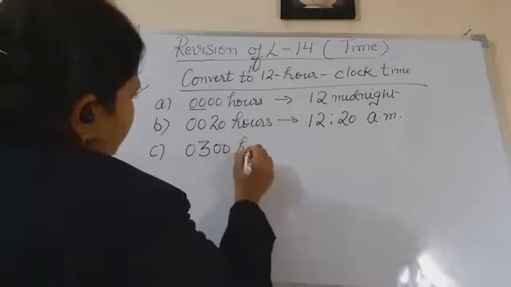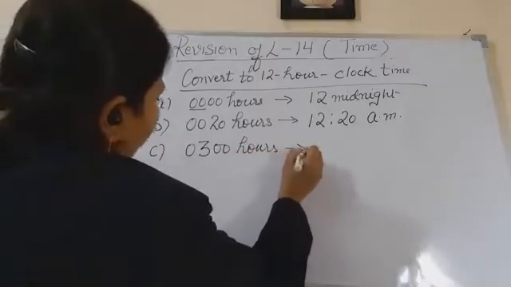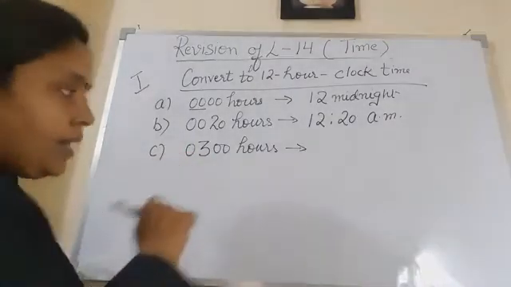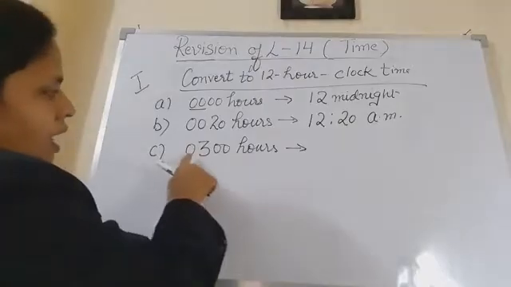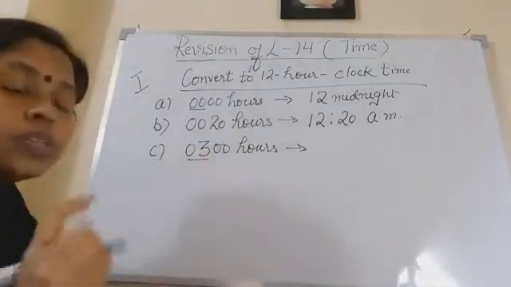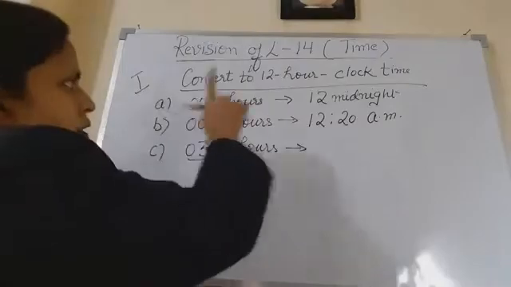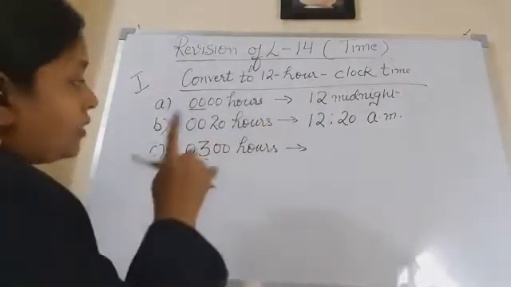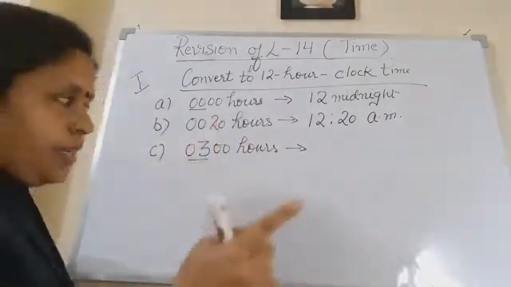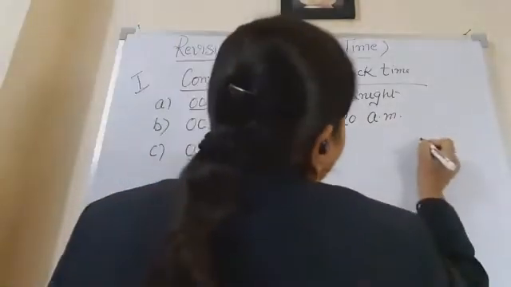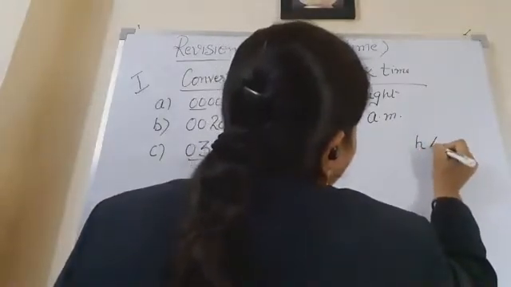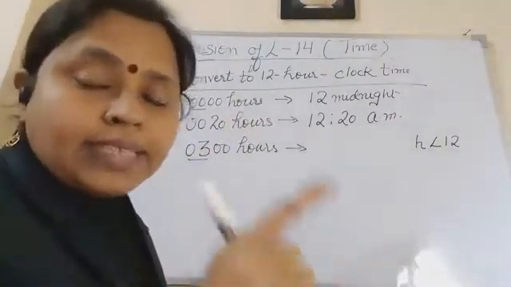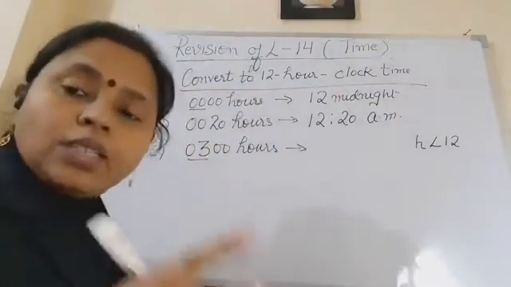03:00 hours. So now children, here you can see that the hour which is given is 3 hours, right? This is the time in 24-hour clock, and here the hour is 3 hours. So children, if the hour is 0, that means 12 midnight. But if the hour is not 0, and if it is less than 12, as in this case, the hour is less than 12, so it means that the time is in AM, in the 12-hour clock time.